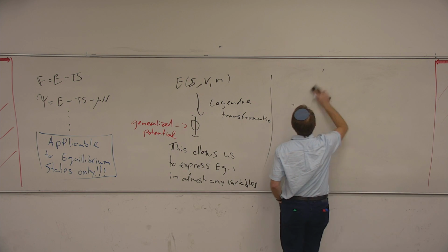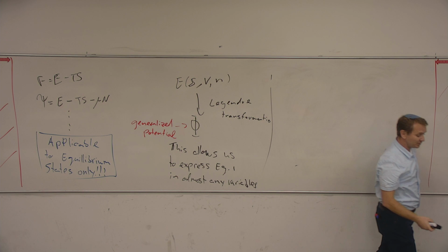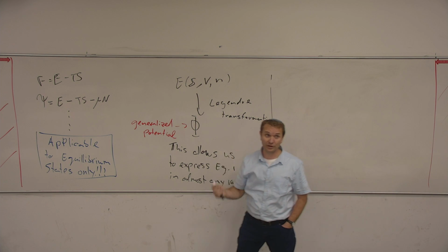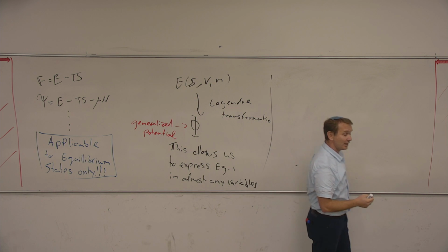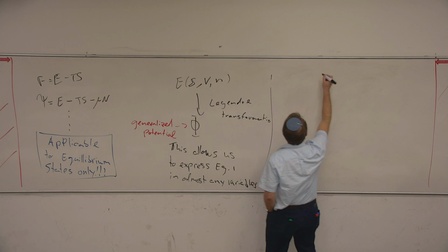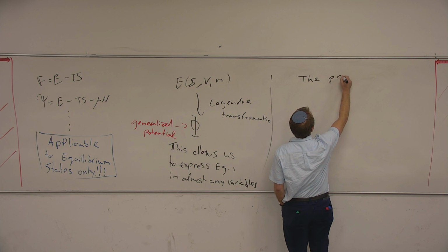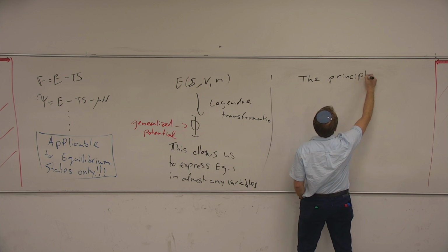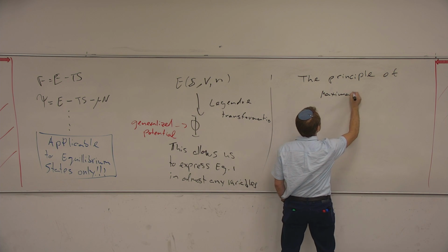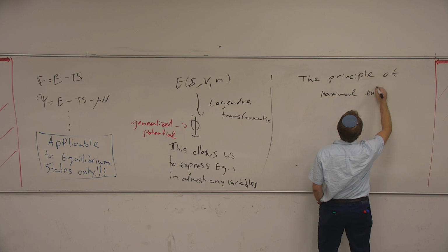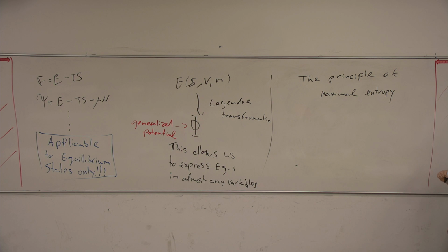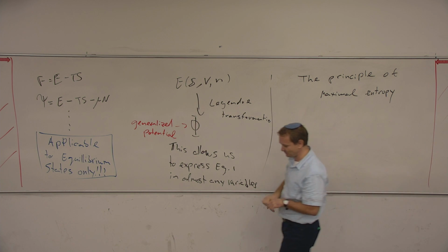In geometrical optics, it's the time that it takes the light to cross from one place to another. In classical mechanics, it's the action. And in thermodynamics, it is entropy. So this is the principle of maximal entropy. Here it's actually maximal.